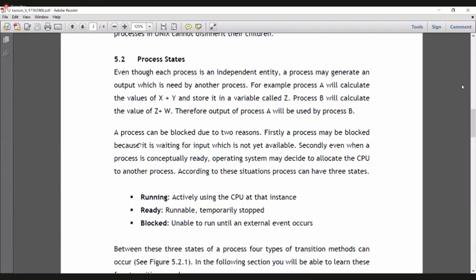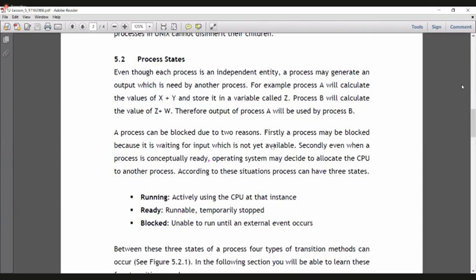Now what will happen? The process can be blocked. Process B can be blocked until it gets the z value. Right? Even though they are independent, if process A is not calculating this, process B is being blocked. Due to two reasons.